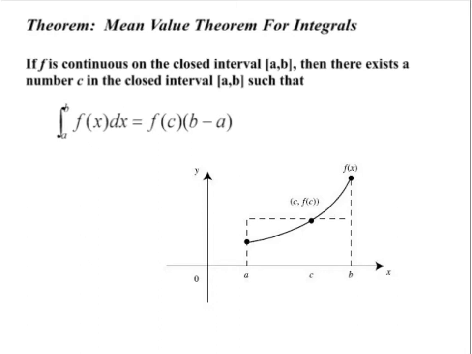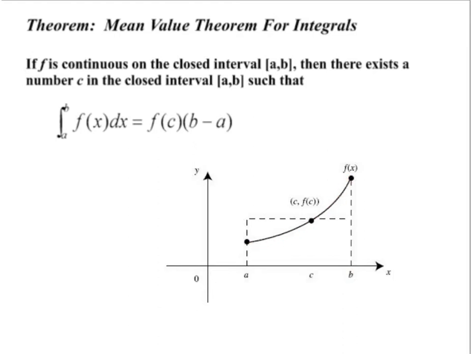All right, so we had a mean value theorem for differentiation. And it talked a lot about a function that was continuous on a closed interval, and that there had to be a value in that interval from A to B that was the average or the mean value.